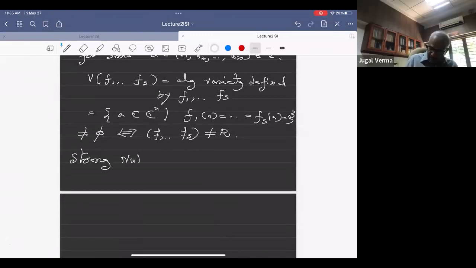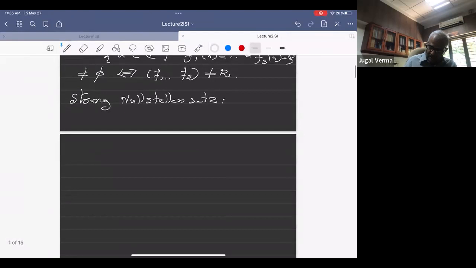The strong Nullstellensatz talks about radical ideals, a one-to-one correspondence between radical ideals and algebraic varieties.